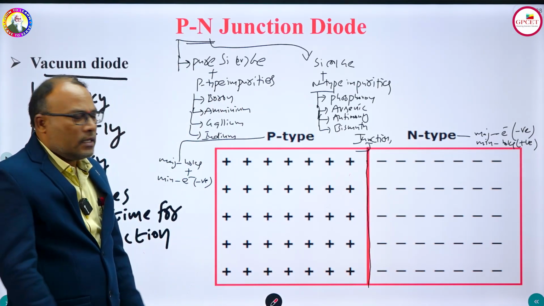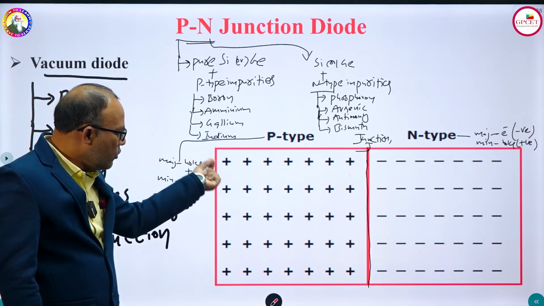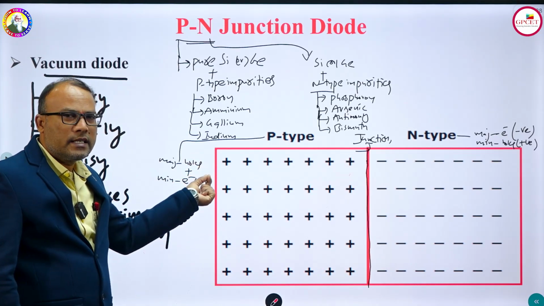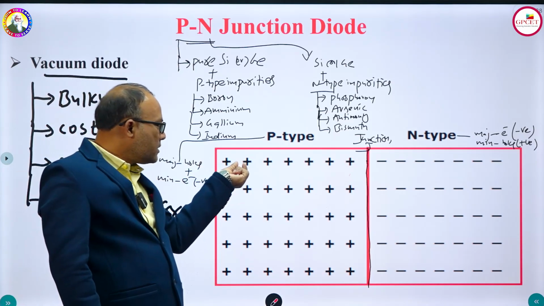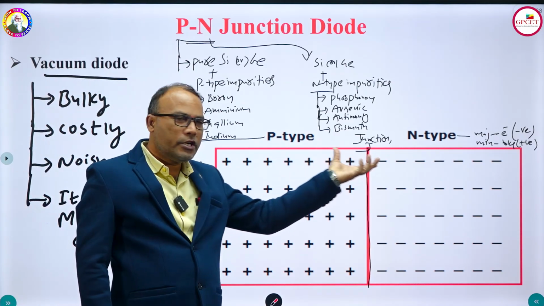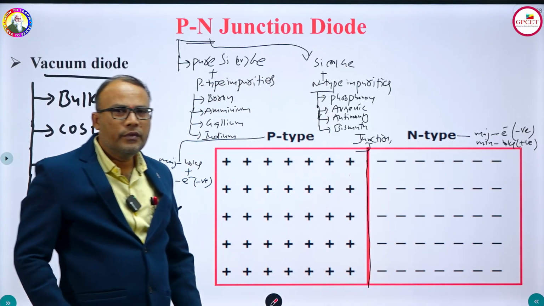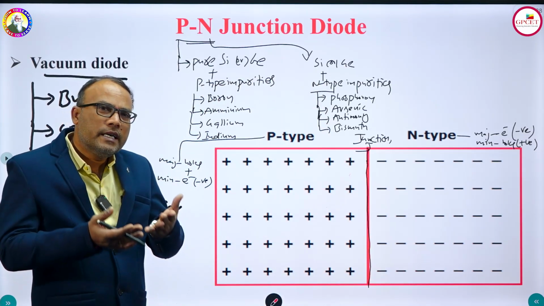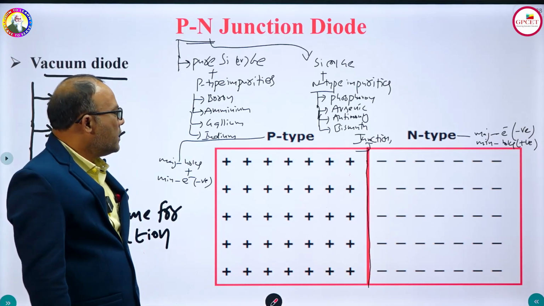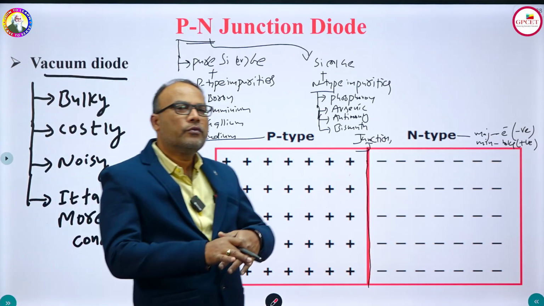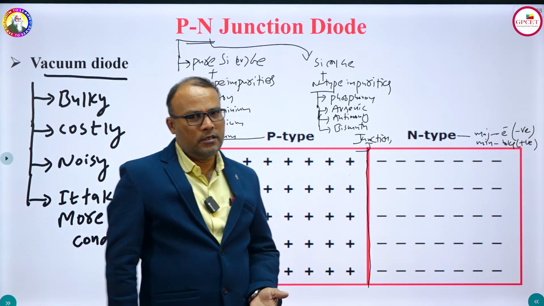Now here you can treat every hole, a positively charged particle, as an atom or a molecule. So this atom will donate an electron or it can accept an electron. If it donates an electron, it will form a donor impurity.